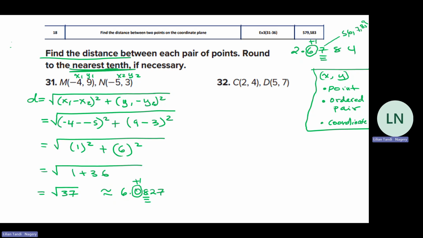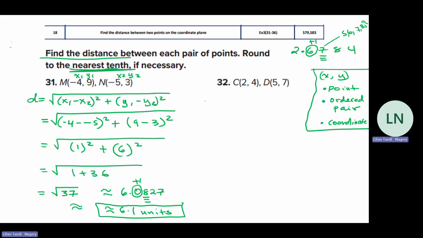Yes, because this number is 5 or more. So now my answer is 6.1 units. And you box your answer. Remember, this is the approximate value, not equal. Use the approximate sign because you're rounding. You are rounding, you have to use the approximate value, okay?